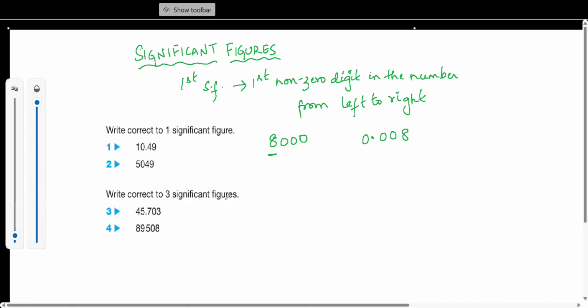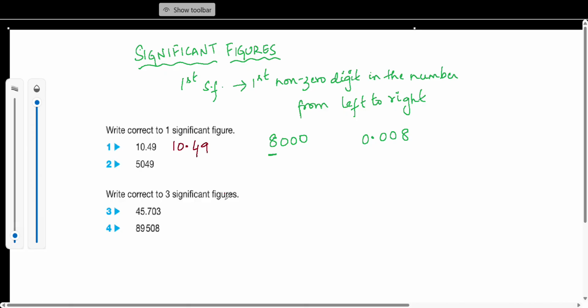The thing is, here, how many significant figures are there? 1, 2, 3, 4. Here the zero is in between two other numbers, so obviously it's counted. So there are 4 significant figures. If we have to express it in one significant figure, imagine the whole number part is 10.